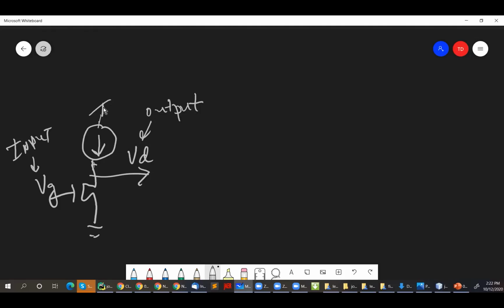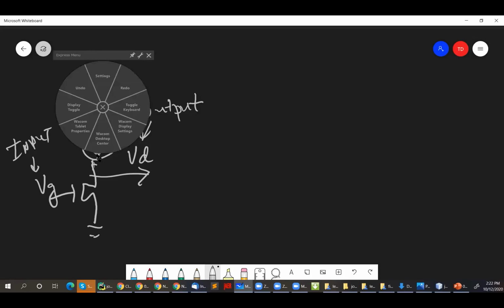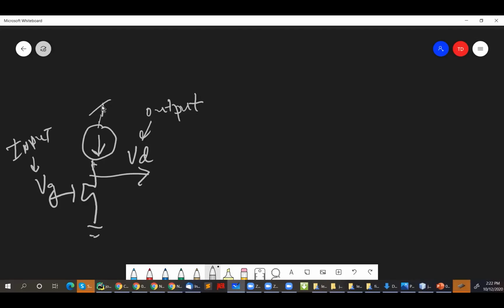Now you can try and figure out, for a particular current at the top, where VD would go to, assuming that you can sweep the input.